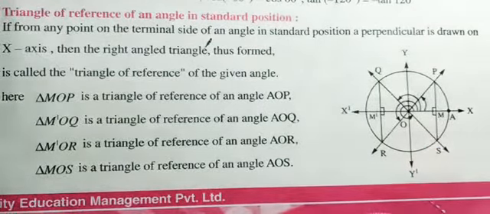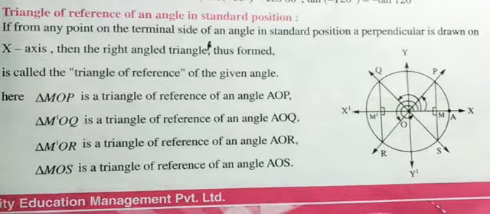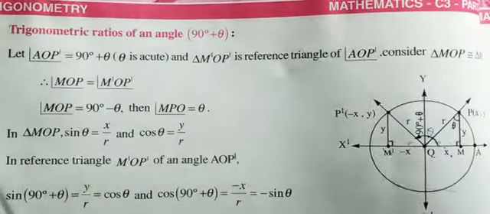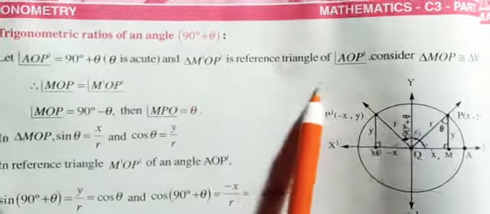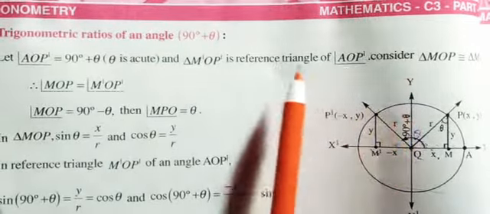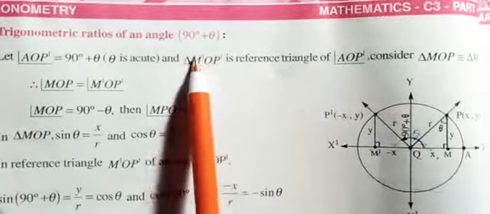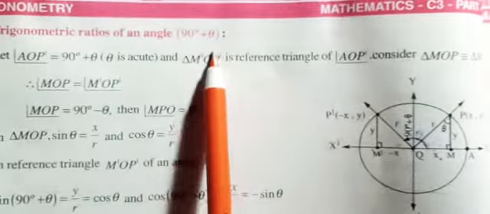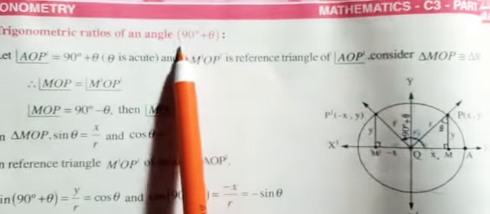So hope you have understood the triangle of reference of an angle. With the help of the triangle of reference of an angle, we have to substitute the values of the trigonometric ratios with angle 90 plus theta.